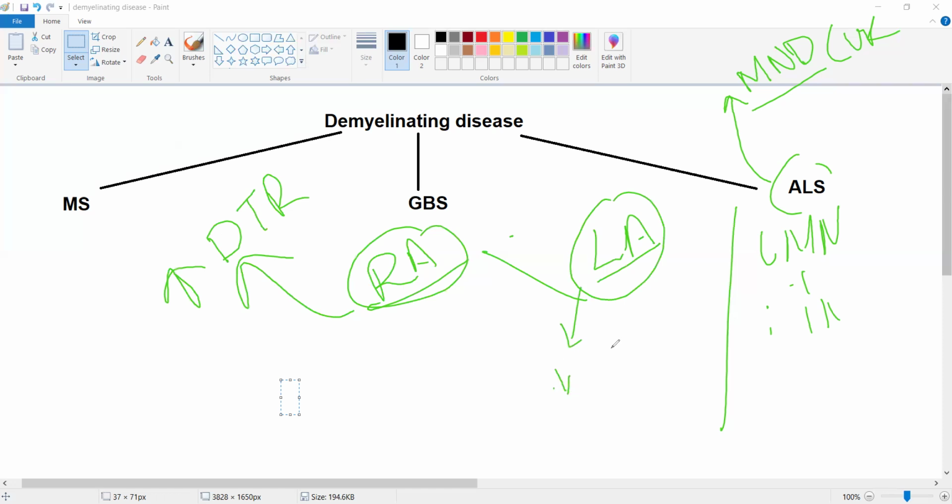there are decreased deep tendon reflexes. So the right arm has an upper motor neuron lesion, while the left arm has a lower motor neuron lesion. So the tone of the left arm will be decreased, while the tone of the right arm is increased, right? So you have to identify these things.